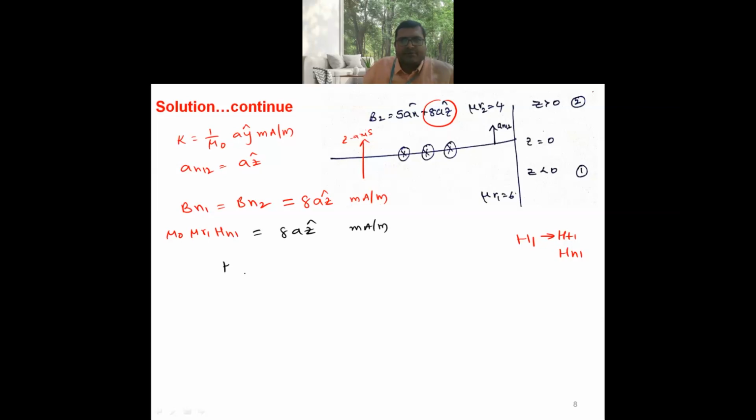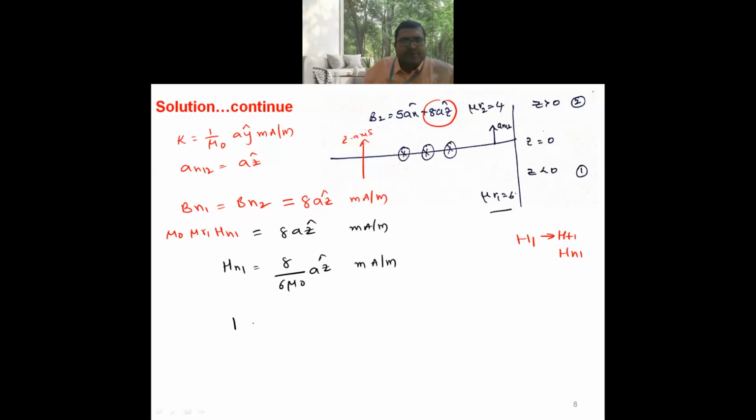Now the value of Hn1 is 8 by mu r1, which is equal to 6 mu naught az milliamperes per meter.